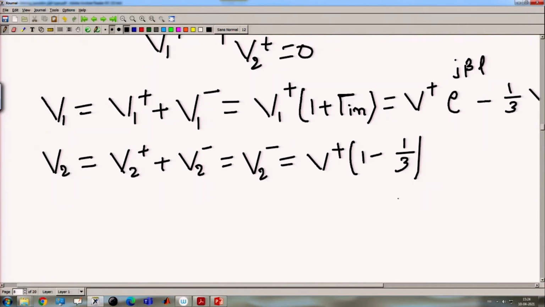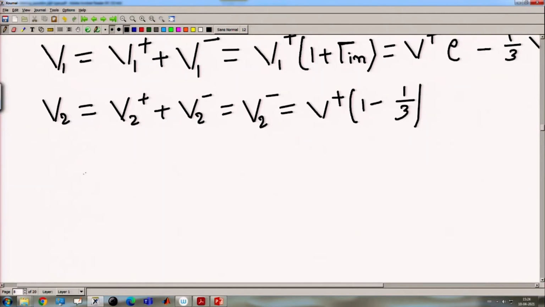So, from this expression we will get V2 minus equal to 2 by 3 V plus.